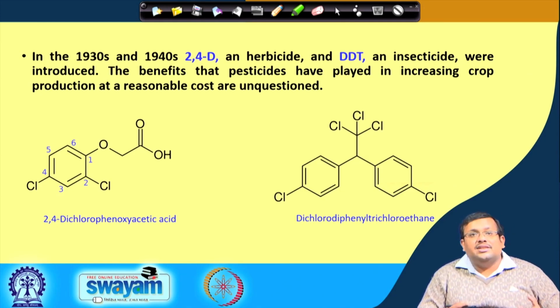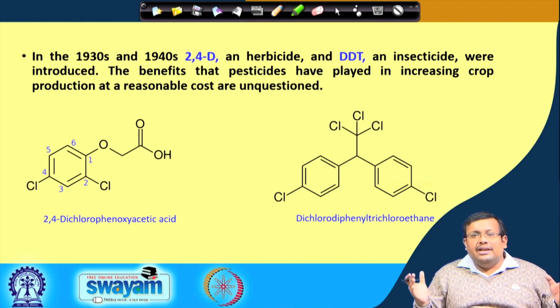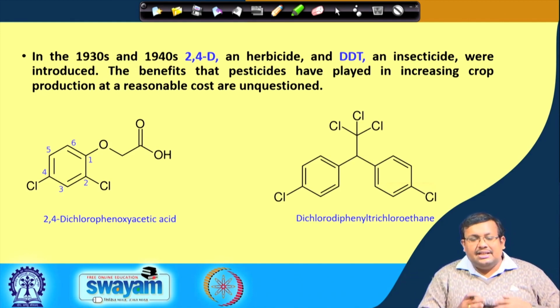Now, the benefits of these pesticides in increasing crop production at a reasonable cost are obviously unquestioned. So, there is no question that the introduction of these new pesticides in 1930s and 1940s hugely contributed to controlling the pests and weeds to increase the agricultural production.